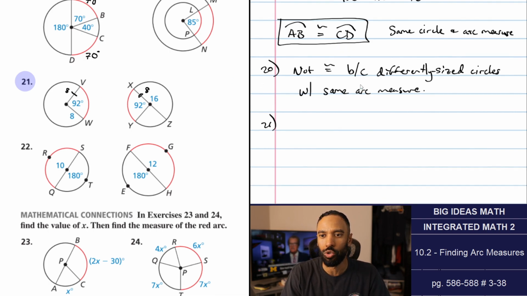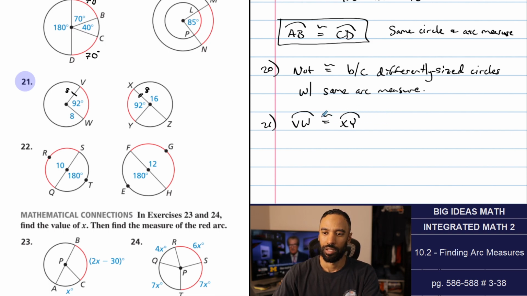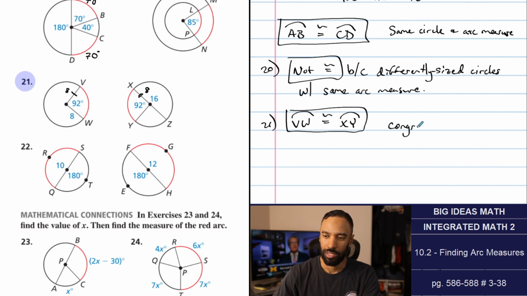Therefore, with congruent circles, we can say that these two arcs, VW is congruent to XY, because congruent circles with same arc measure.